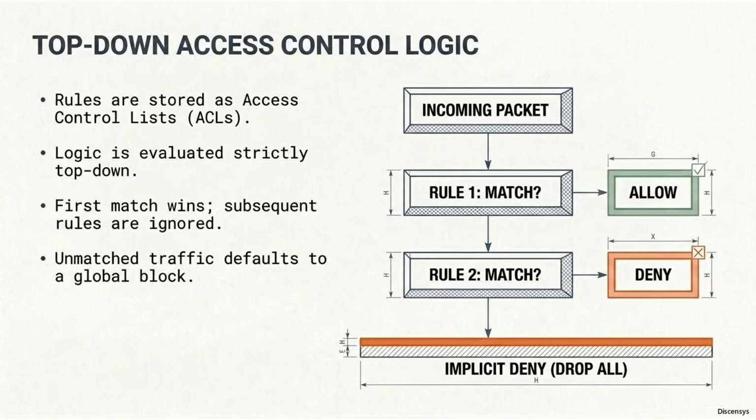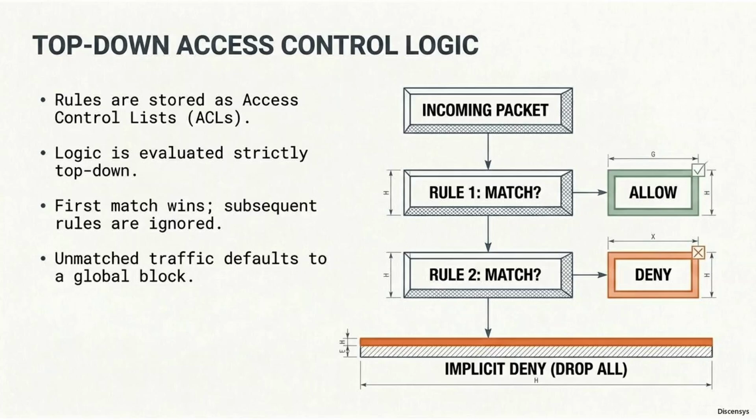If it is, then we do not go to rule 2. If not, you step into rule 2 to check whether it's matching or not. Even if it is matching, we can stop there itself, or else move forward and check the next rule. So the first match wins and subsequent rules are ignored. Unmatched traffic defaults to a global block.